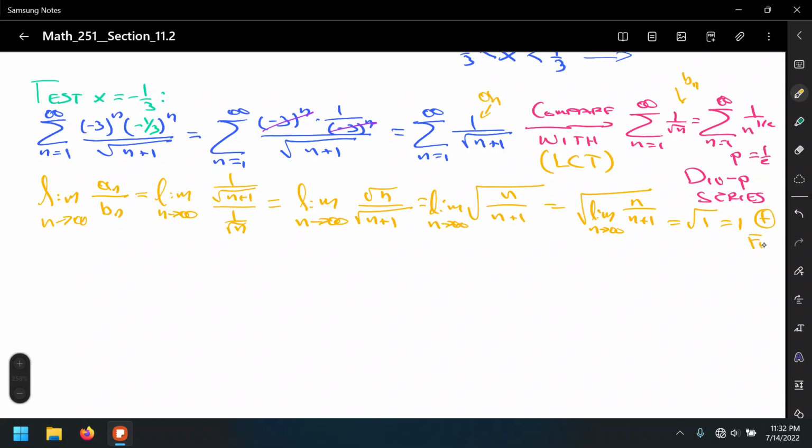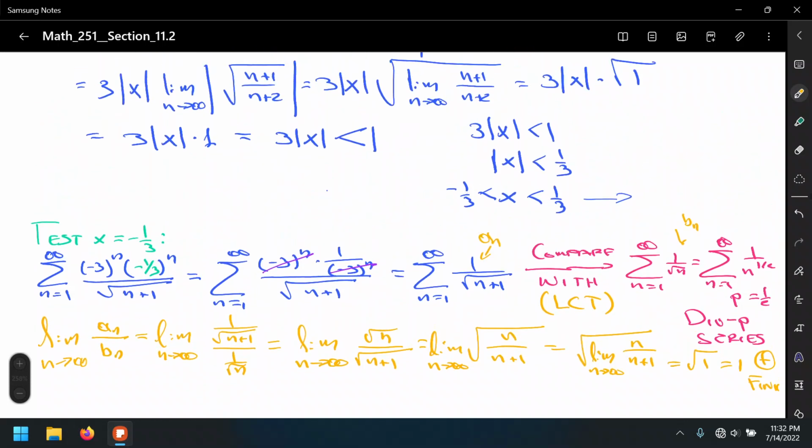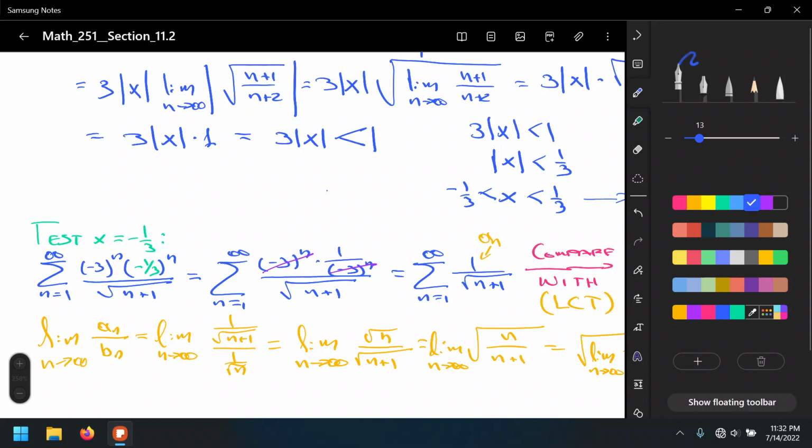Positive, finite. So because the limit is positive and finite, this series does whatever we compared it with does, which in this case is to diverge. So that means that testing at x equals negative 1/3, the lower endpoint, this will be for sure a parenthesis.